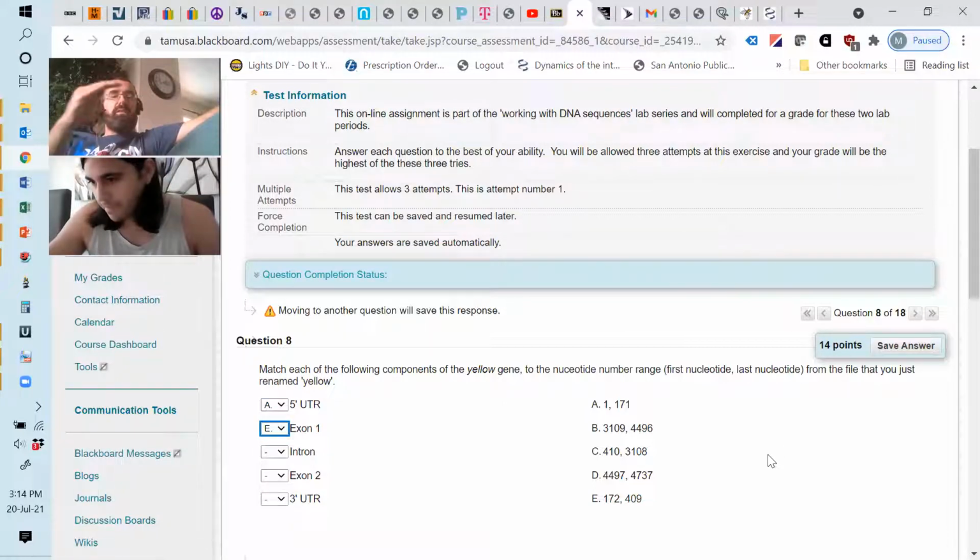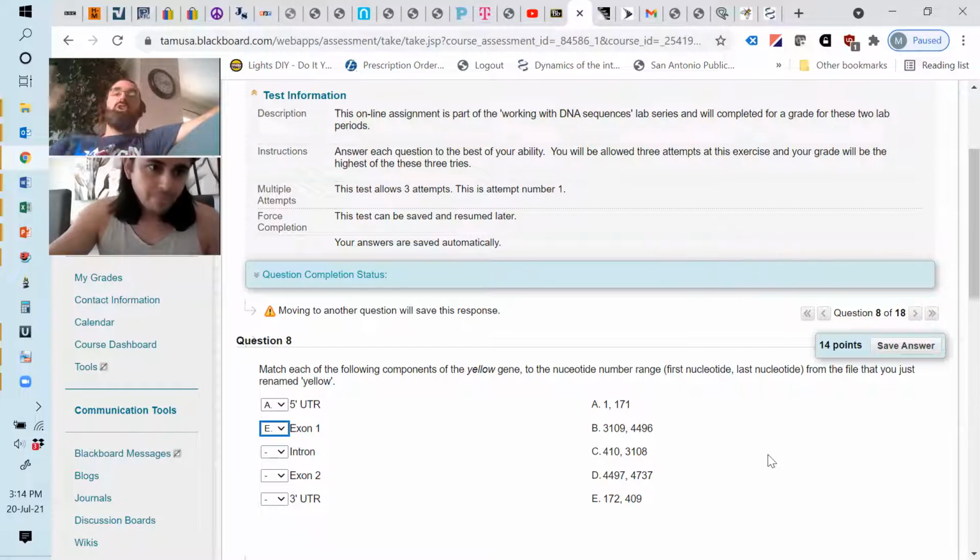Right. And so you just work through. You don't even need to know what the yellow gene looks like. You can just work it out based on what you know about eukaryotic gene structure. But when we look at UGene, I'll show you how you can also work it out using the information in UGene too.